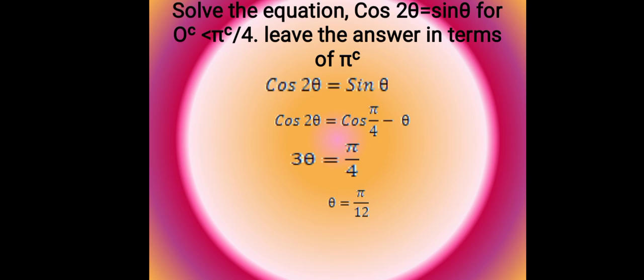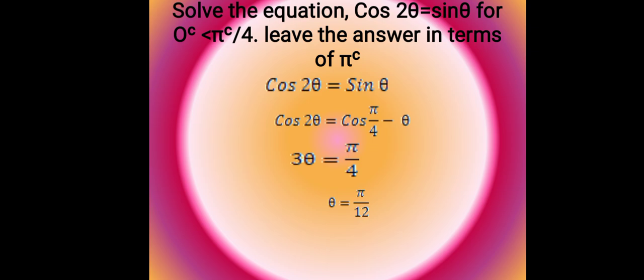Solve the equation cos 2 theta is equal to sin theta for values between 0 and pi over 4.